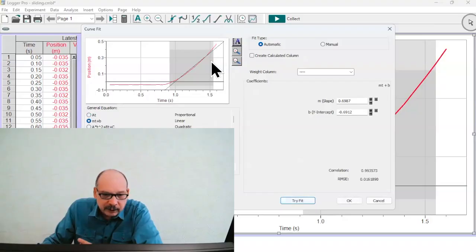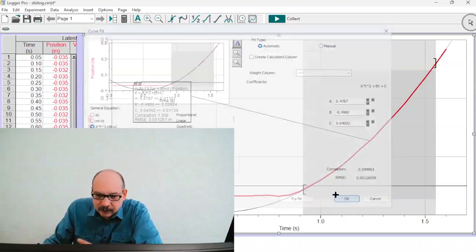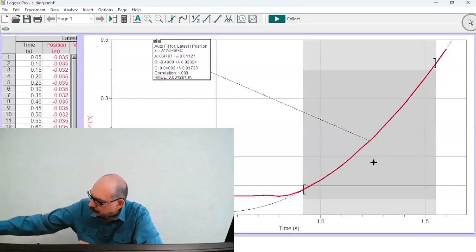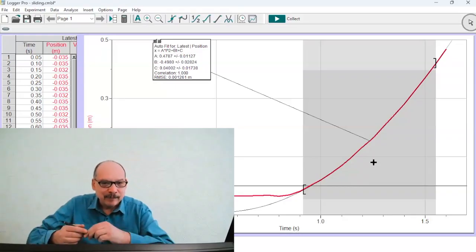You can see the linear fit doesn't really work. The fitting line, the black one, should go along the red one, the actual graph. Well, that works nicely. So this is the motion equation for the cart when it was sliding down.